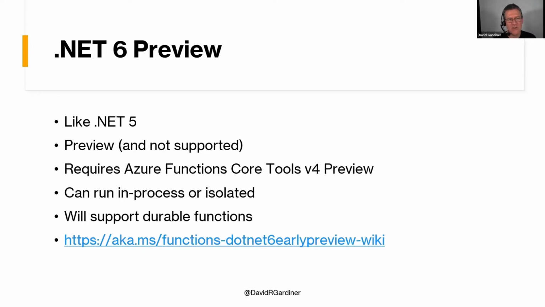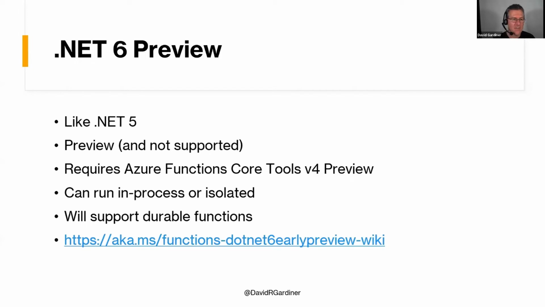That does require a different version of the core tools, so it needs the version 4 preview. And there's a bit of a manual process to get those tools installed. There's a link there to a wiki page that they've got. If you want to try out the version 6 stuff, this is what you need to go through to get those tools installed properly. The interesting thing is that the .NET 6 Azure Functions will support both in-process and isolated.